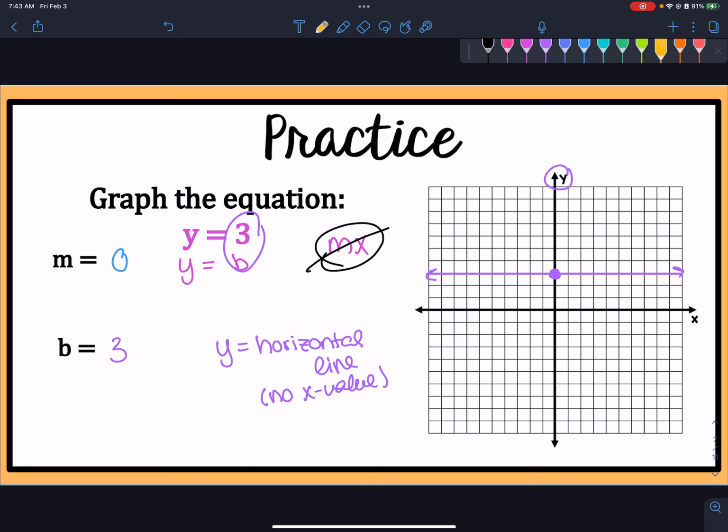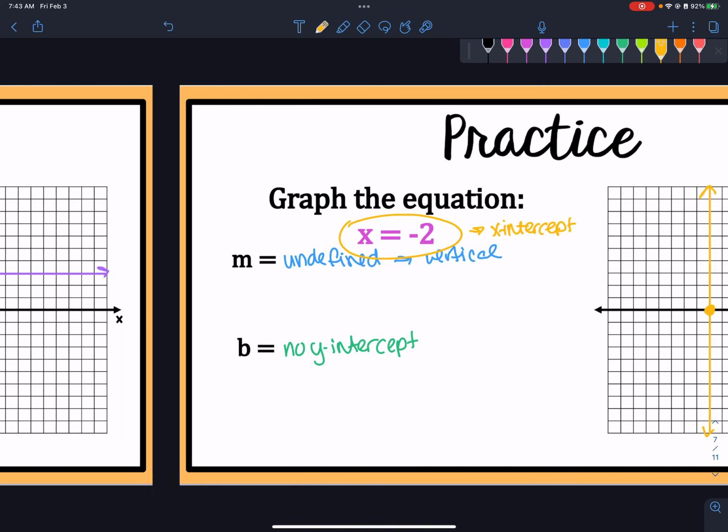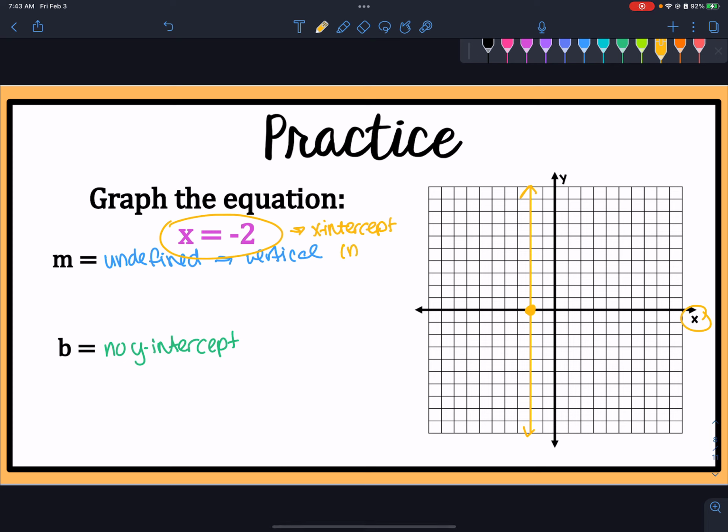If we look at the previous example, I wrote no x value. Well, here we have no y value. And that's how we're going to differentiate these two from the other types of equations that do have a slope and do have a y-intercept and are going to be a diagonal line.